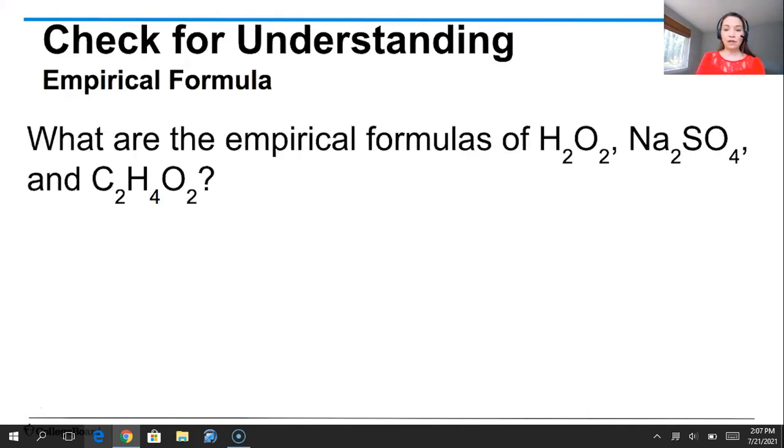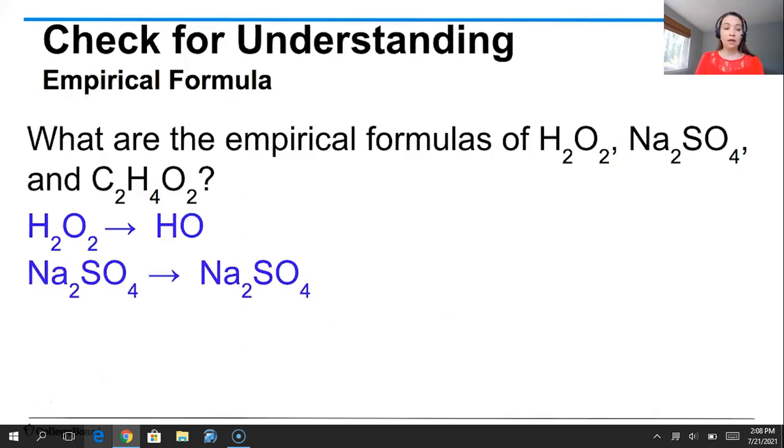Okay, so let's find the empirical formulas of these compounds. Well, H2O2, we can divide both of those subscripts by 2 and get a whole number, which is 1. So the empirical formula of H2O2 is HO. Na2SO4, well, sulfur in this compound has a subscript of 1.